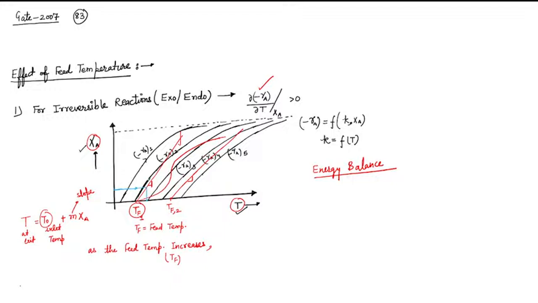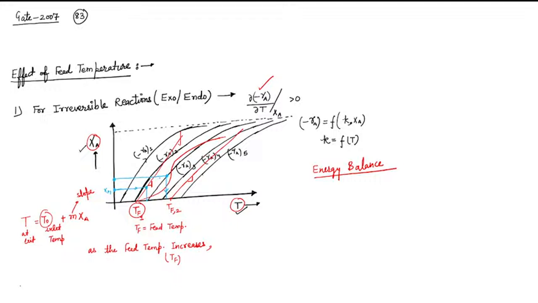The rate is in between minus Ra2 and minus Ra3, for this conversion, let's say xa1. Conversion increased, temperature increased, so this becomes the temperature. At this temperature, the rate is minus Ra3. At the earlier temperature and conversion, the rate was in between minus Ra2 and minus Ra3. This point is the rate.